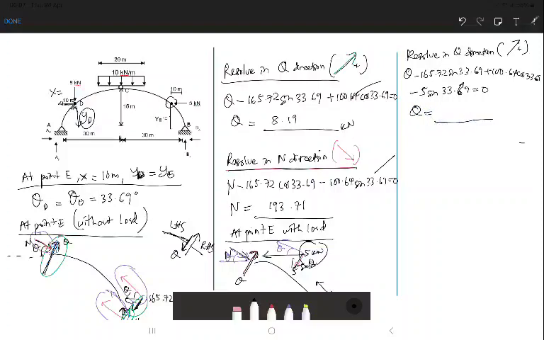So calculate Q again, kilonewton, and then you resolve in n direction.